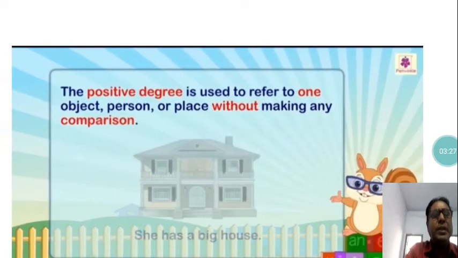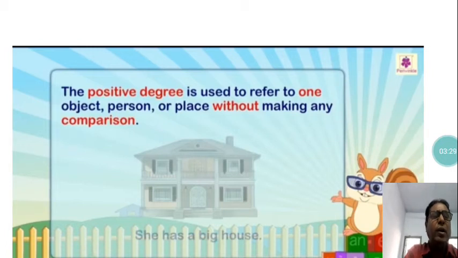The positive degree is used to refer to one object, one person or one place without making any comparison.